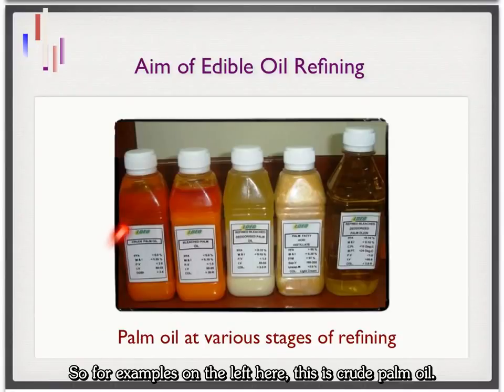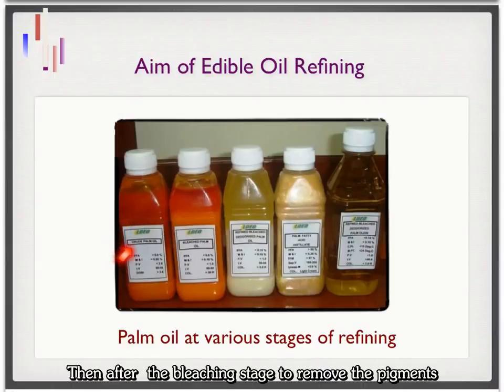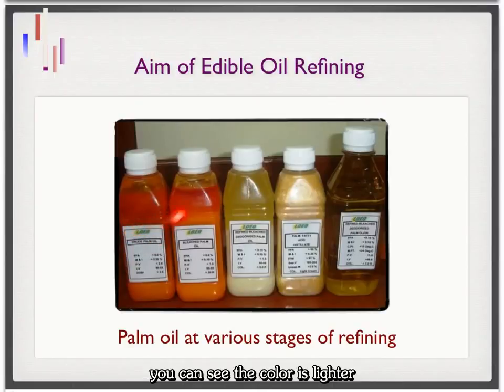In this picture, you can see various palm oil products at various stages of refining. So for example, on the left here, this is a crude palm oil. Then after the bleaching stage to remove the pigments, you can see the color is lighter. So this is a bleached palm oil. Then in this picture, this is after the bleaching and deodorization to remove the fatty acids. You can see the color is much lighter.